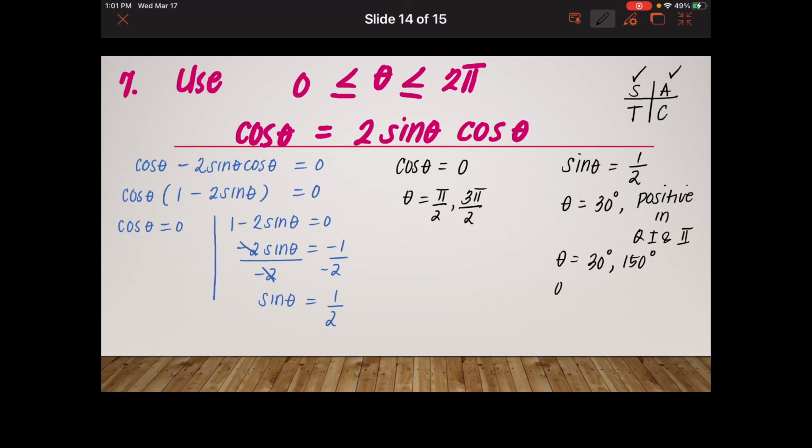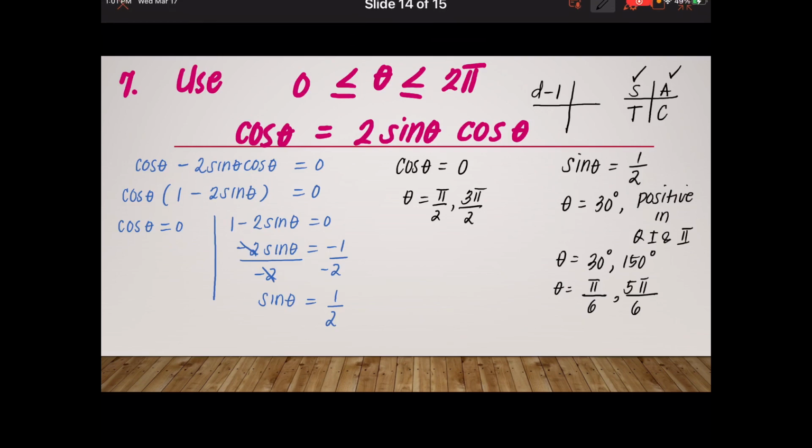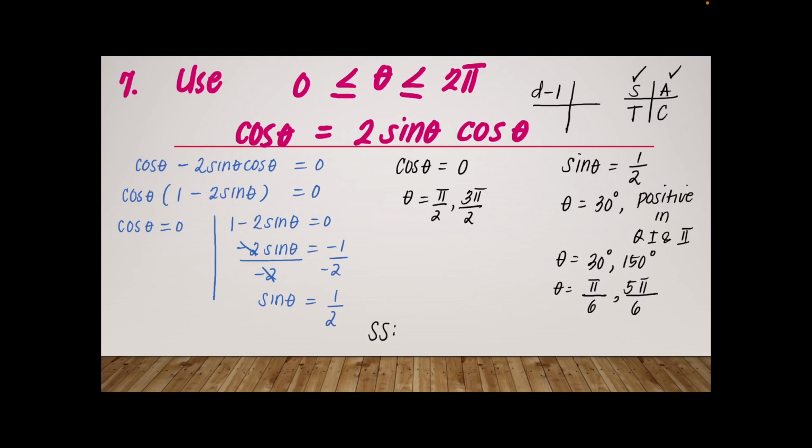Then you have to have our answers in radian form. So 30 degrees in radian form is pi over 6. In quadrant 2, that would be 5 pi over 6. Recall, quadrant 2 is denominator minus 1. So 6 minus 1 is 5. And then we just make a summary of our answers.